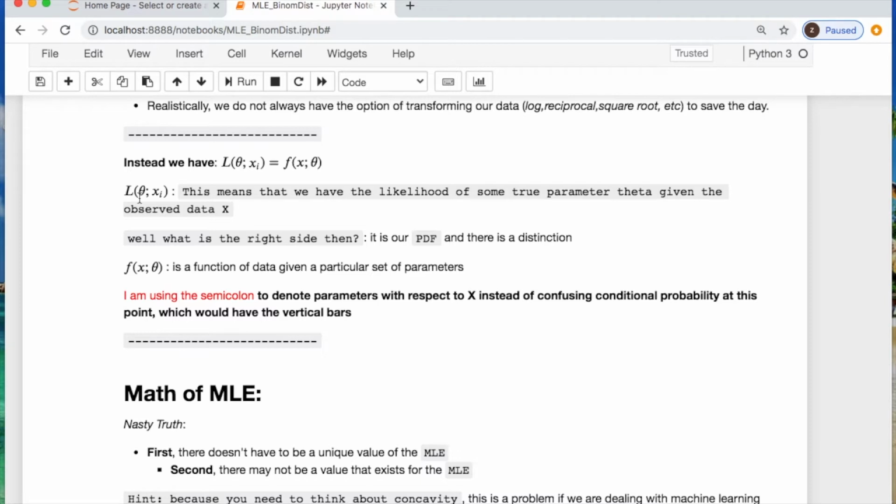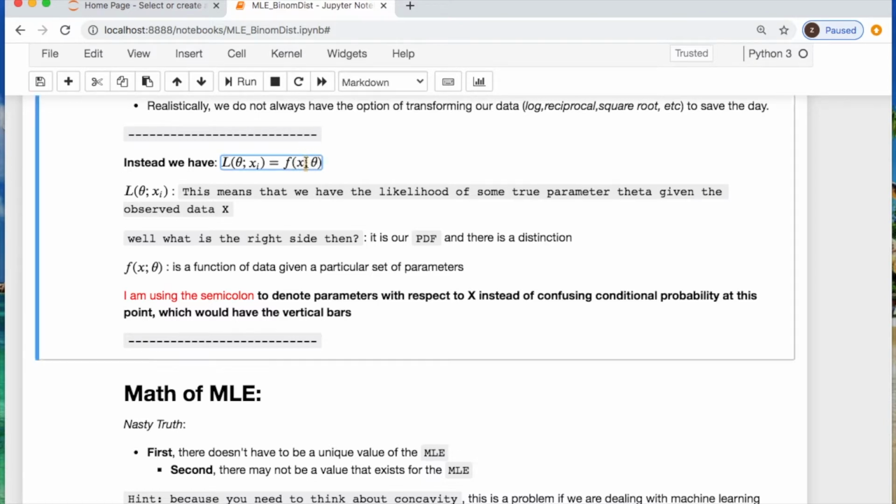The semicolon is a distinction and not the same as if you used a bar for conditional probability, where you would say, if I had a bar right here instead of the semicolon, given some parameters theta, what is my x? And you do your probabilities based on that, right? Multiplying them across. But the distinction is, I'm letting you know that we have our parameters here, all right?